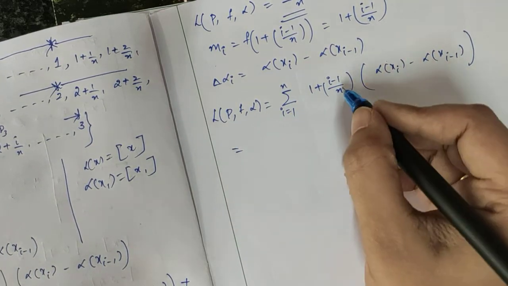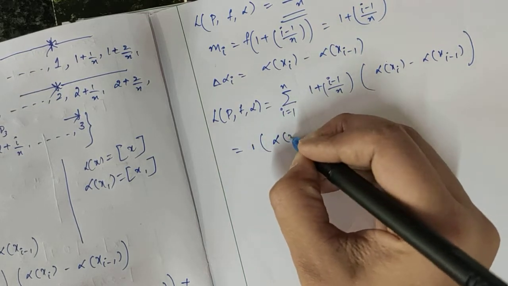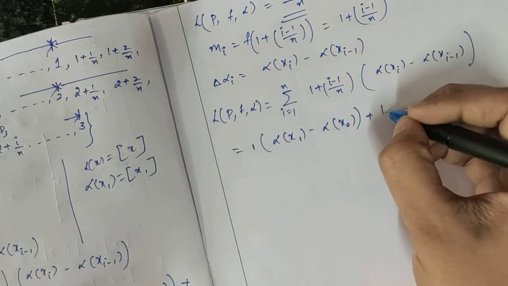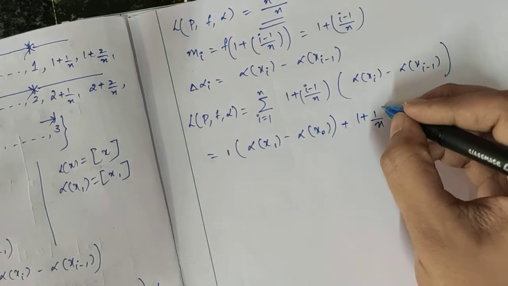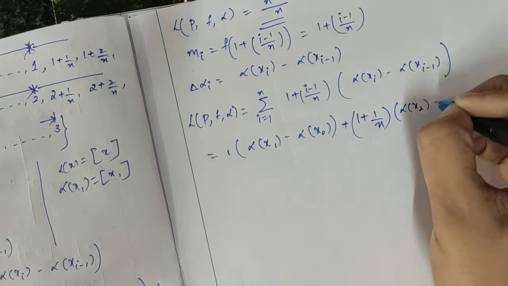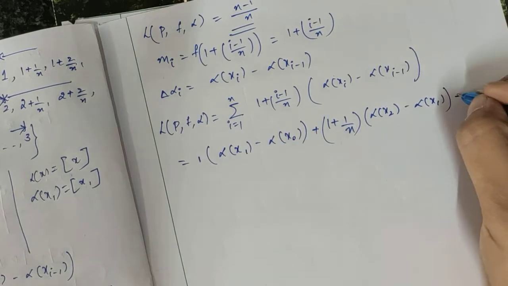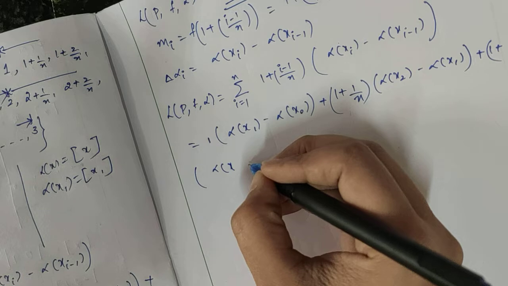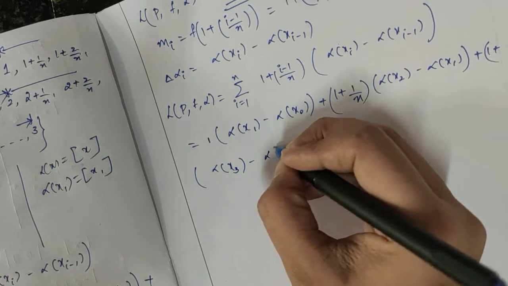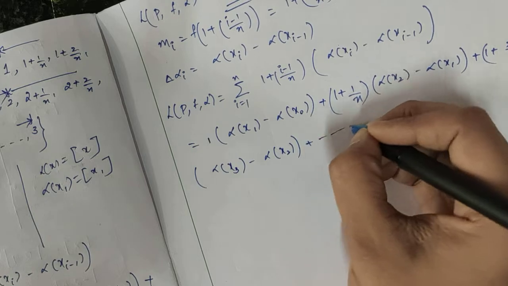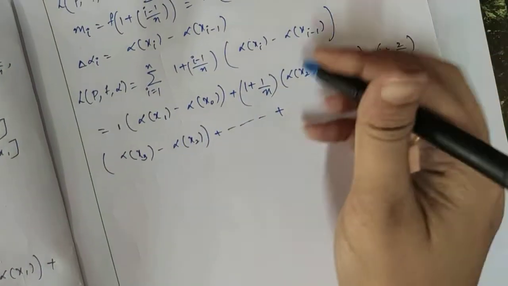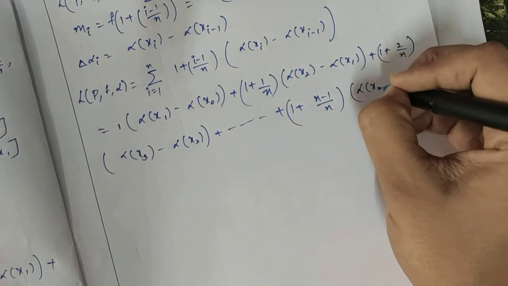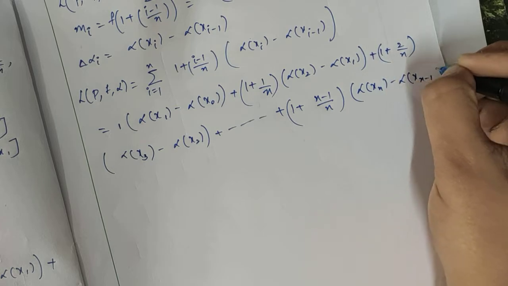Expand your summation, you will be getting 1 into alpha of x1 minus alpha of x0 plus 1 plus 1 by n into alpha of x2 minus alpha of x1 plus 1 plus 2 by n into alpha of x3 minus alpha of x2. The process continues and at last you will be getting 1 plus n minus 1 by n into alpha of xn minus alpha of xn minus 1.